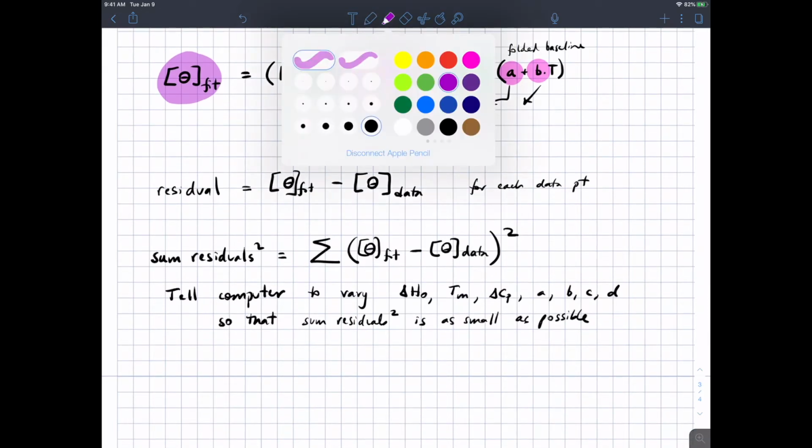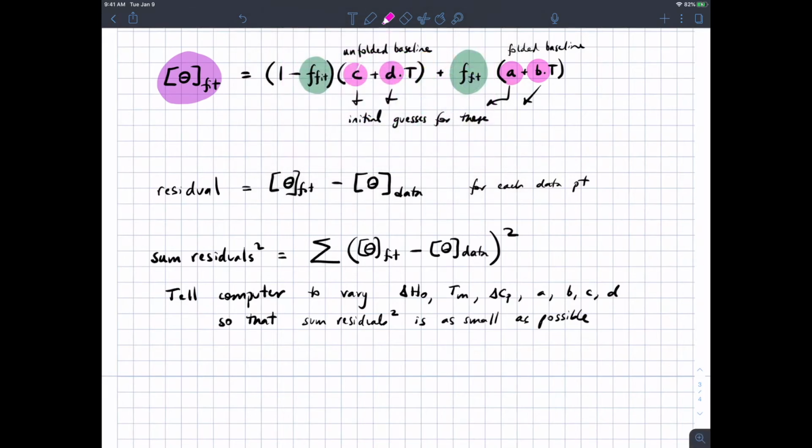And the computer can do this. Computers are really excellent at doing this numerically. They just vary these until subsequent changes in the parameters no longer give you any additional decreases in sum of squared residuals.